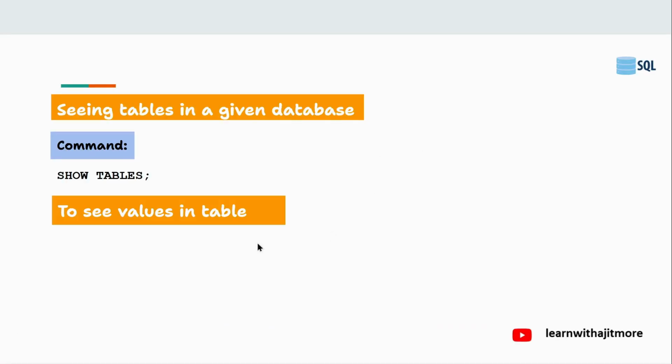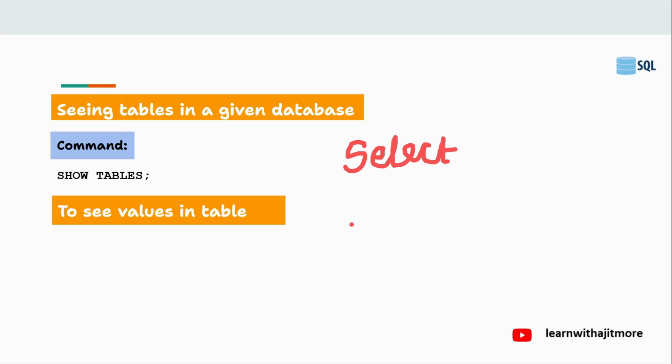Okay. And if you want to see all the values in your table, whatever records are there in my table, then we have the select command. Now in select, you can relate like the select is for printing. Ideally, it is not happening, just for your understanding.